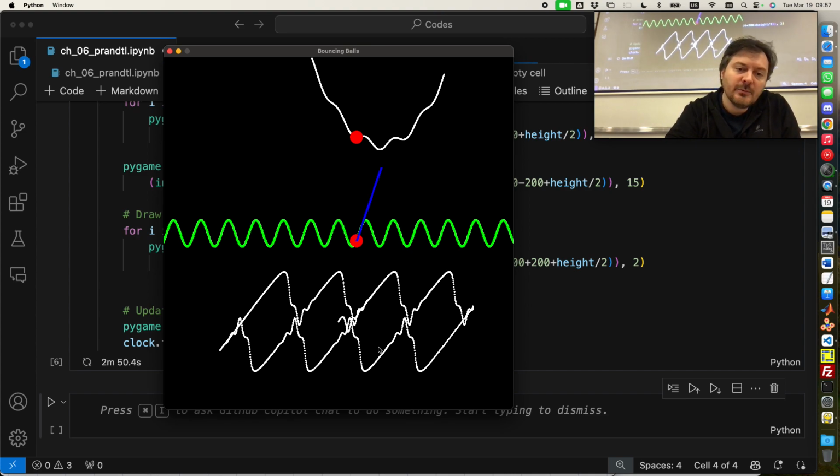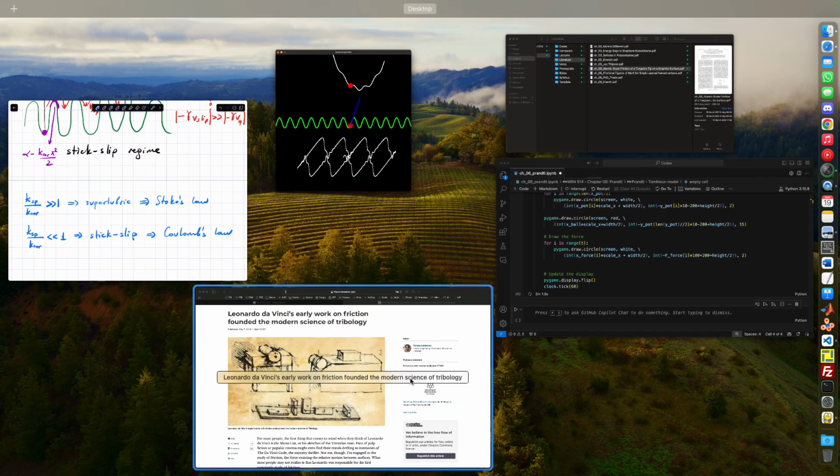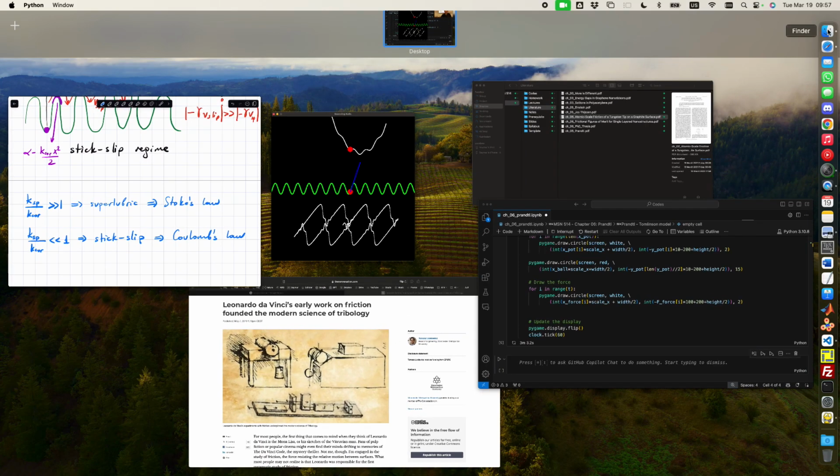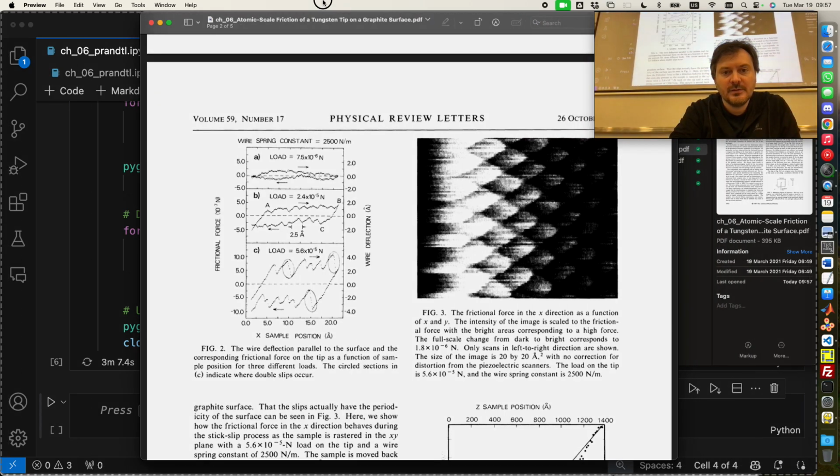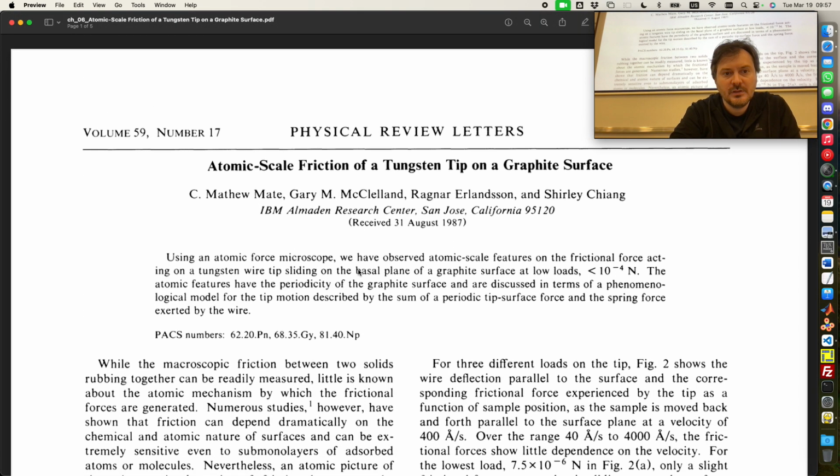When you are pulling that way, that much force is opposing you in the reverse direction. If you don't believe this, let me show you experiments. So this is a famous experiment of microscopic friction. Atomic scale friction of a tungsten tip on a graphite surface. Very famous.